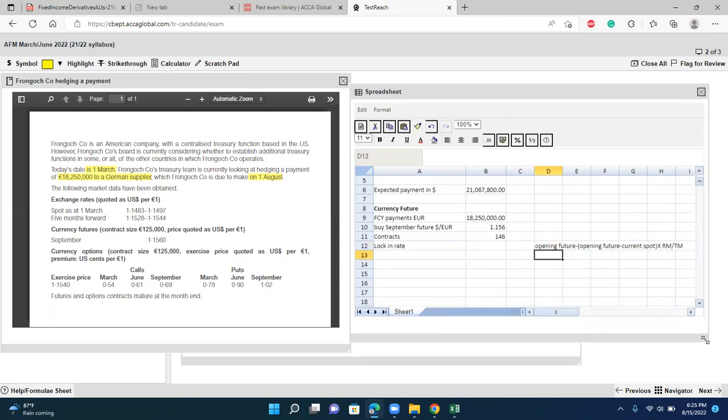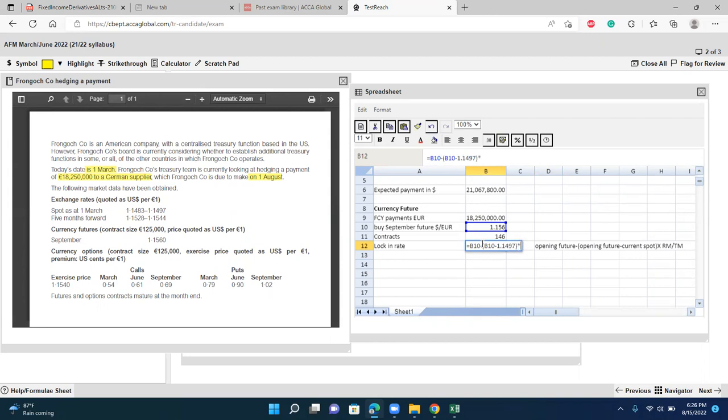So what is the opening future? 1.1560 minus current spot. Current spot is 1.1497. You will have to take the higher rate into remaining months.